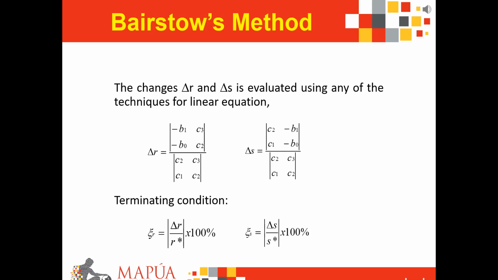Note the similarity of this terminating condition to your relative error, since the change in r often turns out to be the new value of r minus the previous value of r, all over the new value of r. Hence, this terminating condition is more or less similar to your relative error.